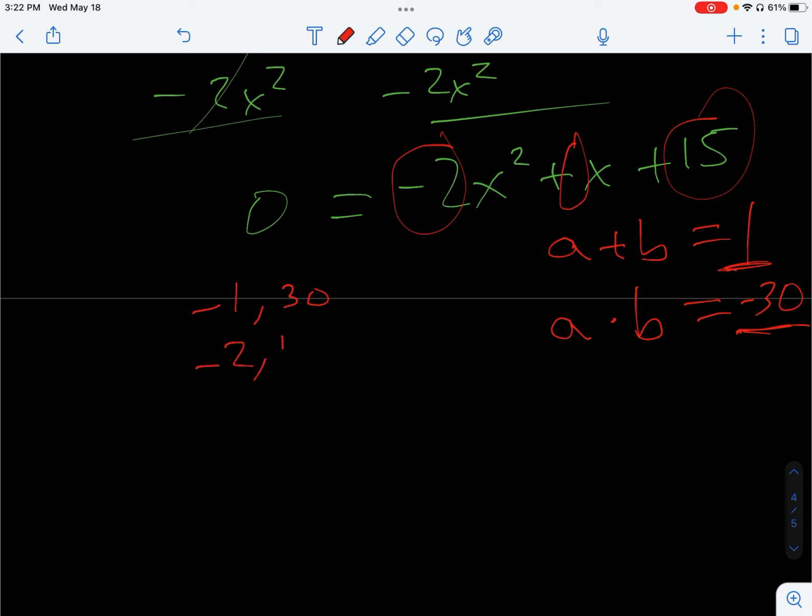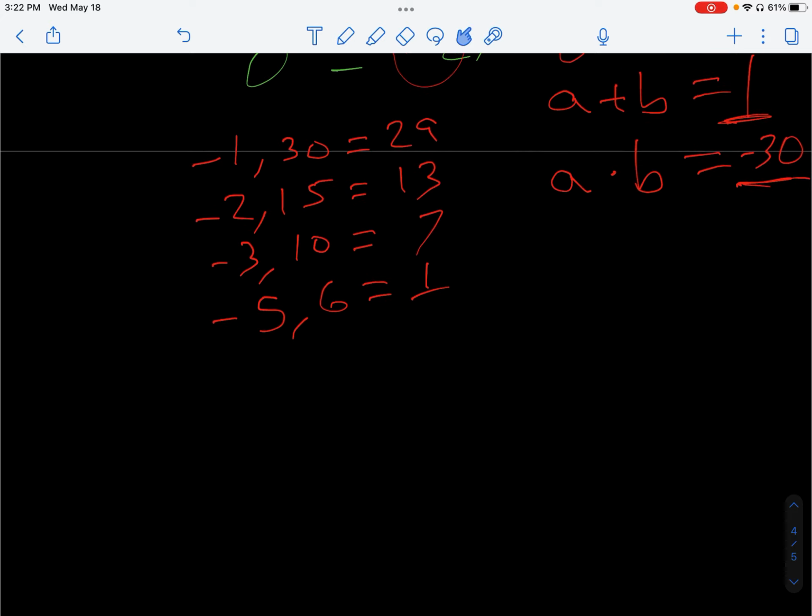We have minus 2 and 15. Minus 1 and 30, when I add them together, is 29, so we know it's not that. Minus 2 and 15 equals 13. We're going in the right direction, but we know it's not that. Minus 3 and 10 is 7. 4 doesn't go into 30 evenly, but minus 5 and 6 equals 1. So those are our factors.